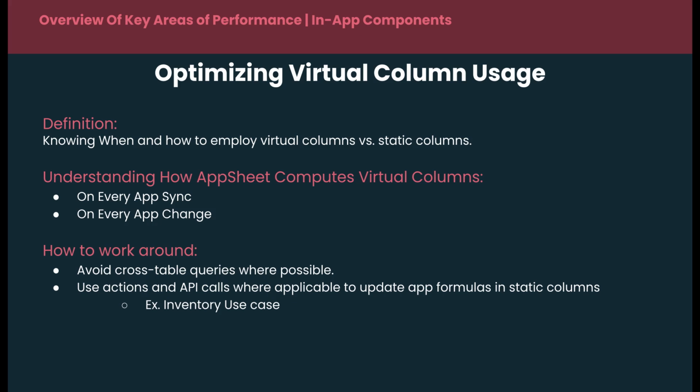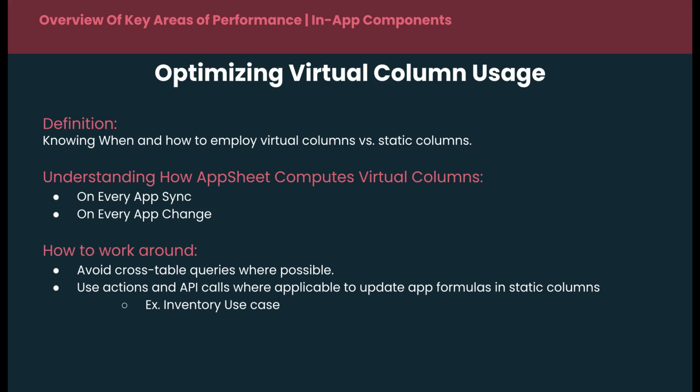And more times than not, you can isolate a specific row that you want to update at a given time. I will give you a quick workaround for that. In general, the types of virtual columns that are most problematic are those that are using queries, so a select or a filter, just doing a general open table query.